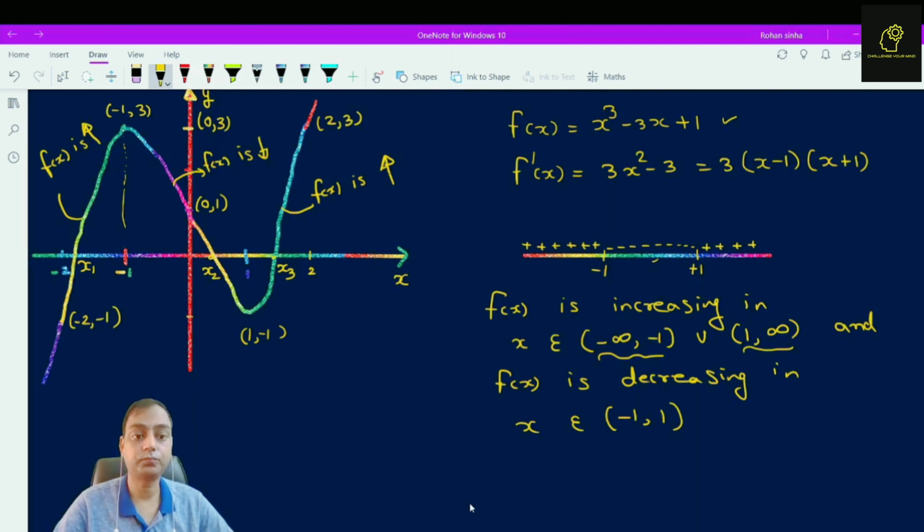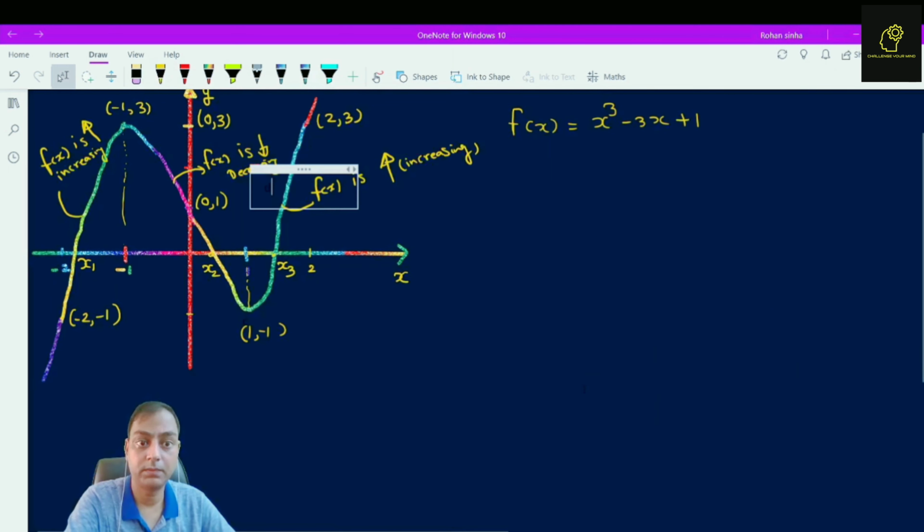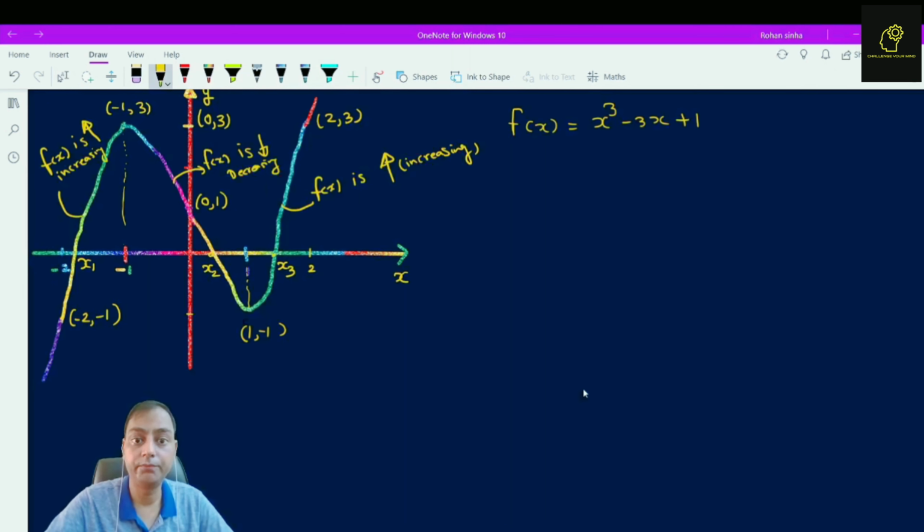Now what about f of 1? If you simply put x is equal to 1, we find that f of 1 is 1 minus 3 plus 1, which is minus 1. And what about f of 2? f of 2 is 8 minus 6 plus 1. This is 3 only.